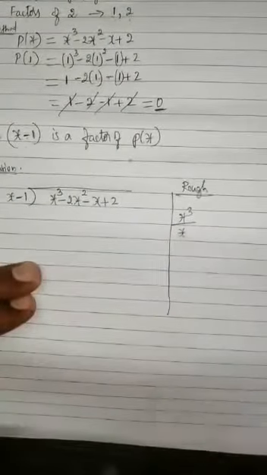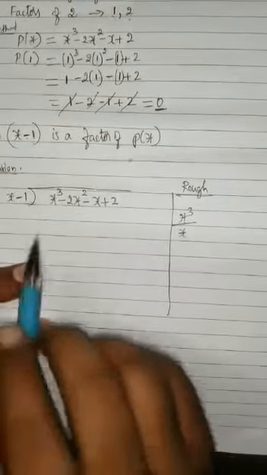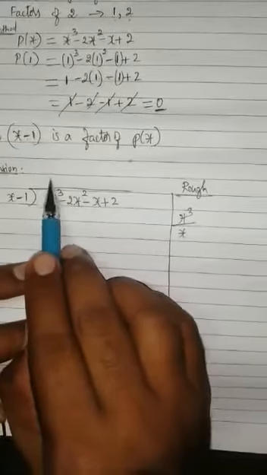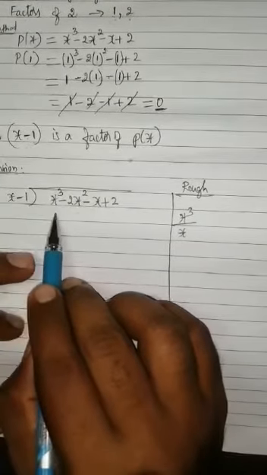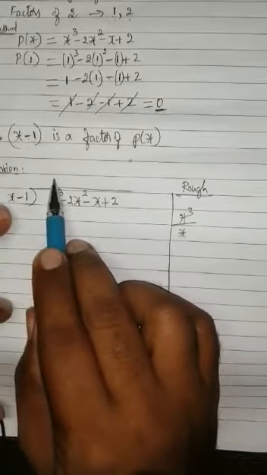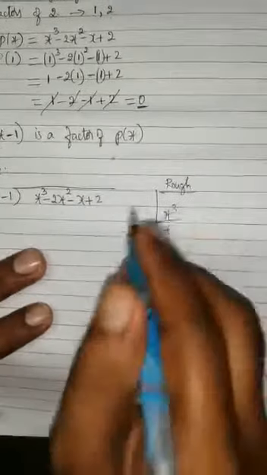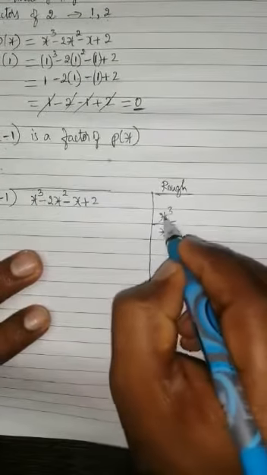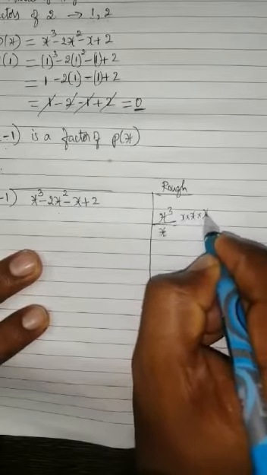When I multiply x with something, I must get x cube. What is that number? I'm checking. That's it, x cube by x. You know x cube is nothing but x into x into x.